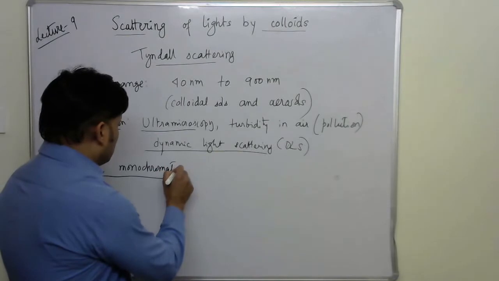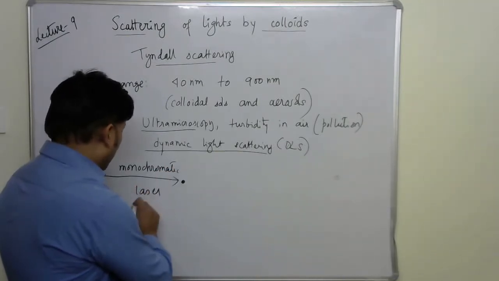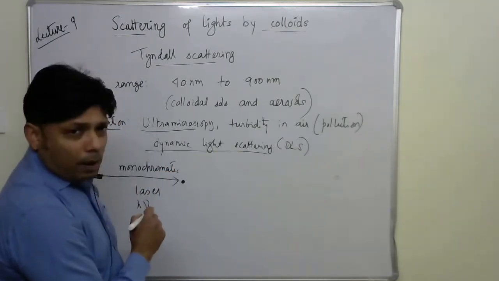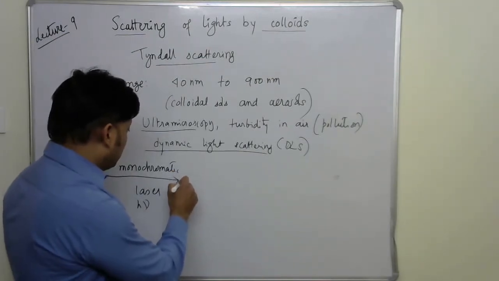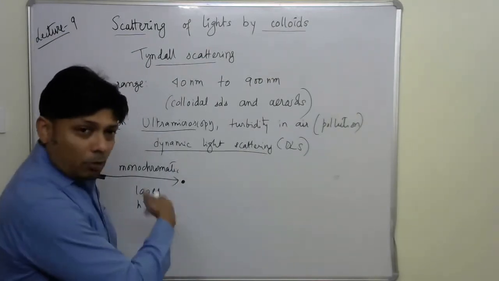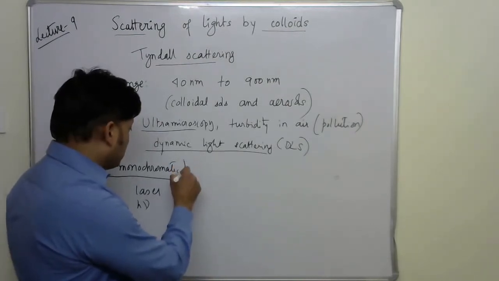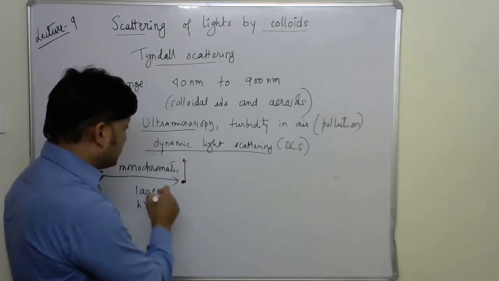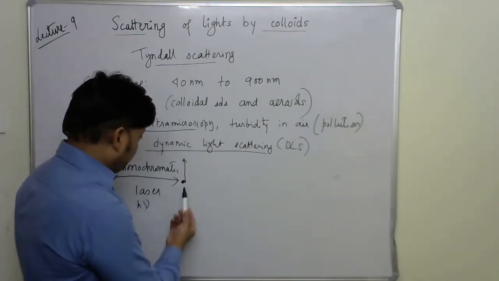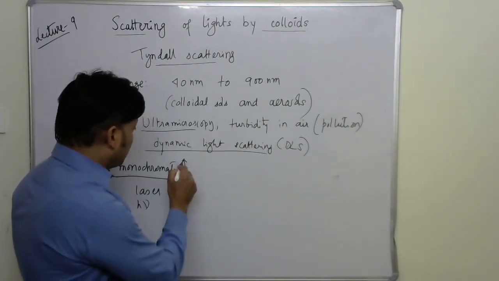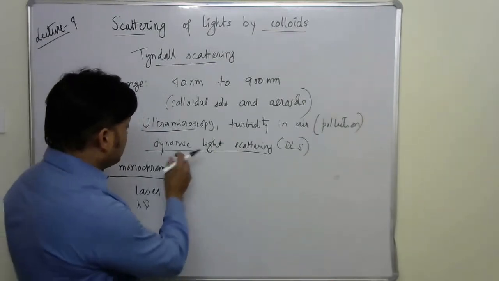Then this particle scatters the monochromatic light. Once this scattering is successful, it creates a scattered intensity, and that intensity is captured.